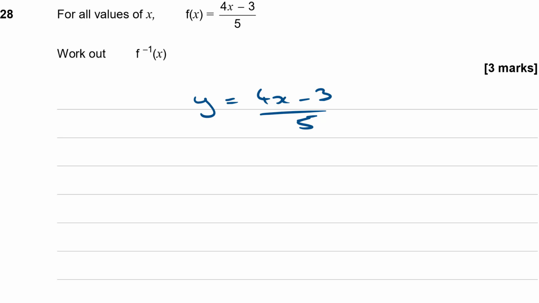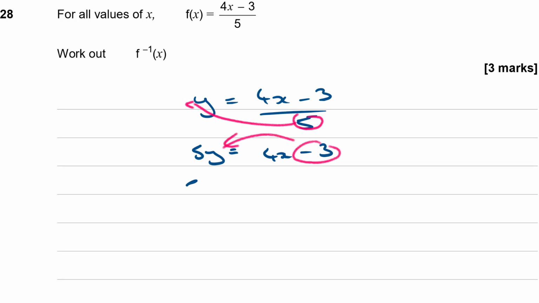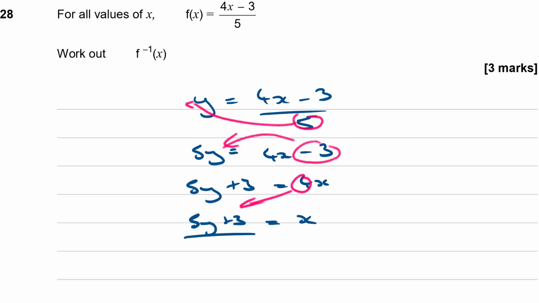So moving that over there, I'm going to get 5y equals 4x minus 3. Moving the minus 3 over next, I'm going to get 5y plus 3 equals 4x. And then finally, cross multiplying the 4, I'm going to get x equals 5y plus 3 over 4.